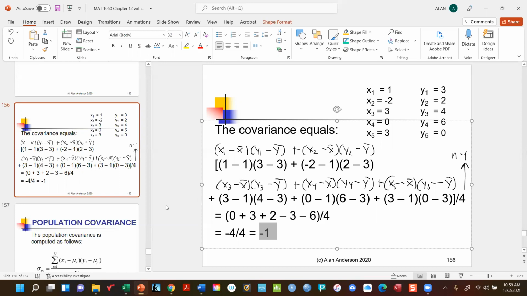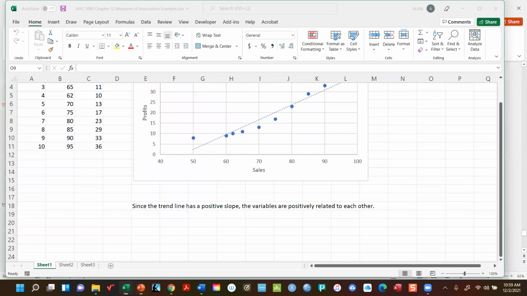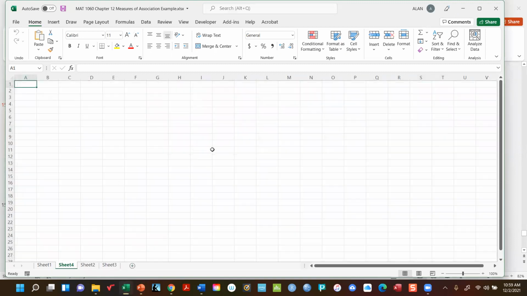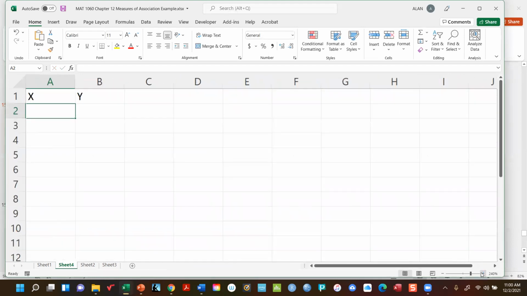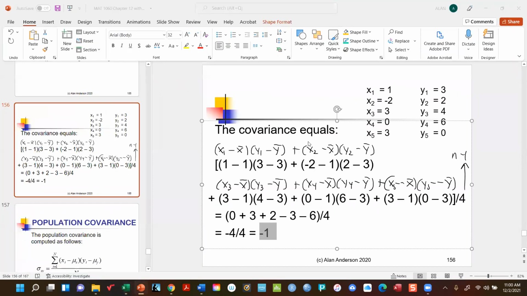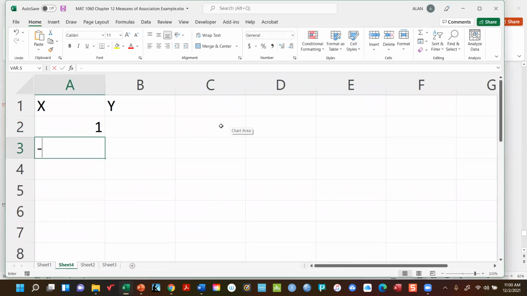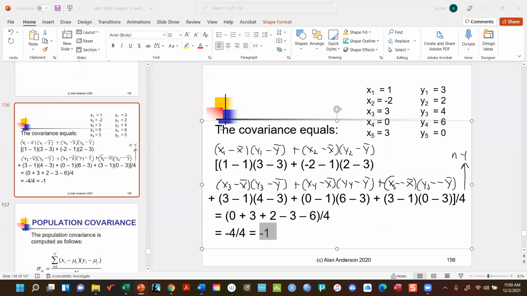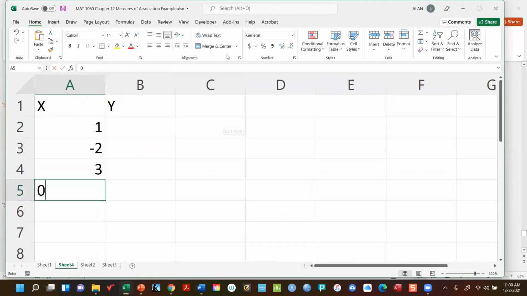In fact, you know what we could probably do here? Why don't I put the data in here and let's take a look. All right, so what do we have here? 1, -2, 3, 0, 3.